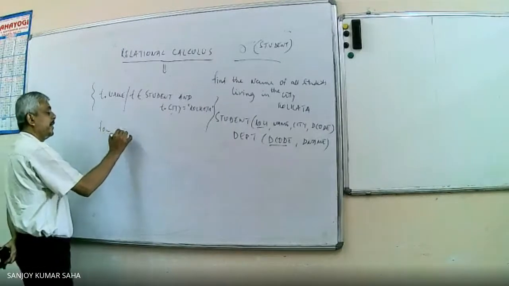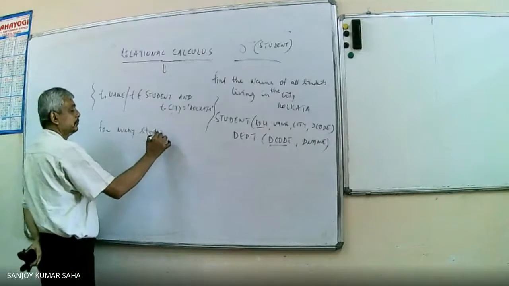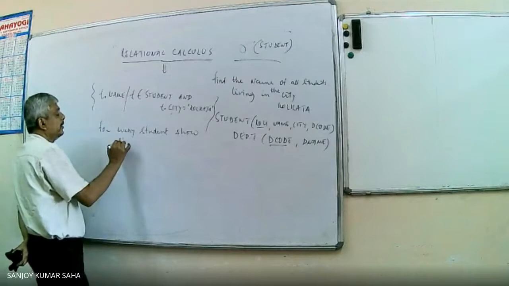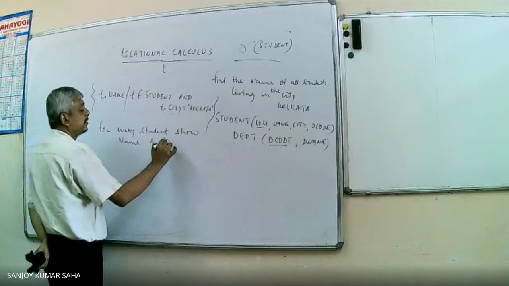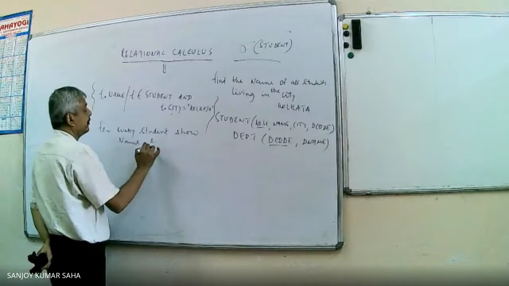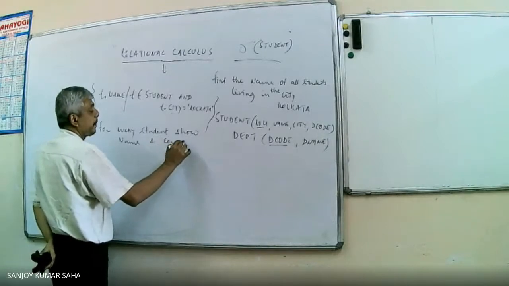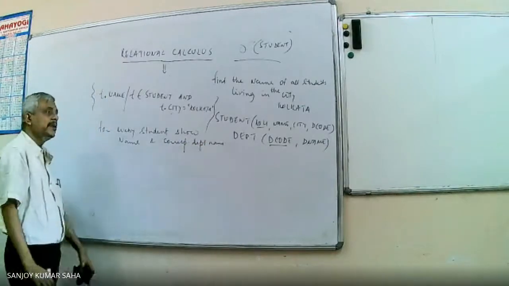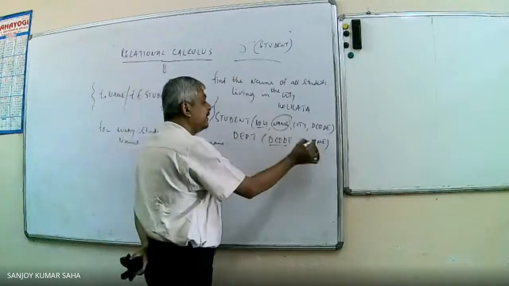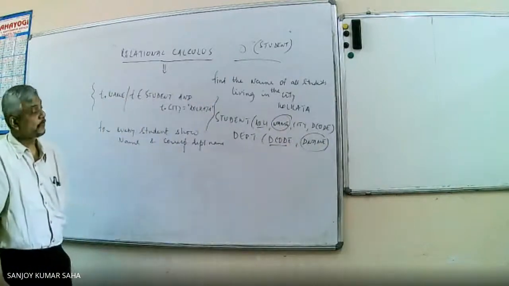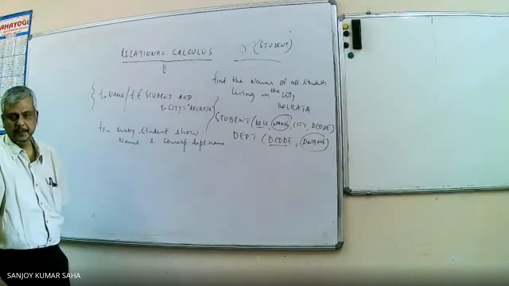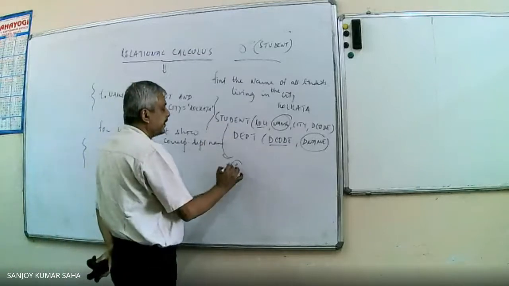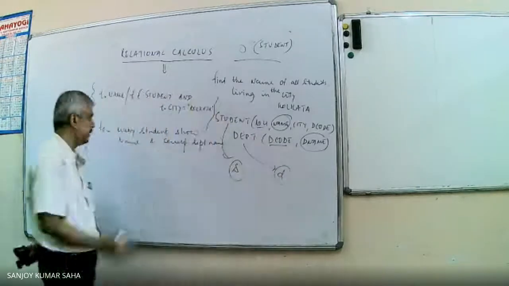Say for every student, show the name of the student and the corresponding department name. Now our requirement involves the name of the corresponding department, so I cannot have only a single tuple variable. Say S is a tuple variable for students and D is a tuple variable for department.